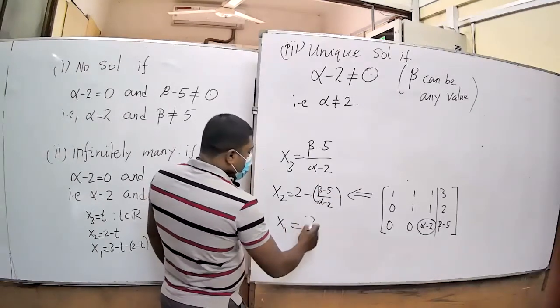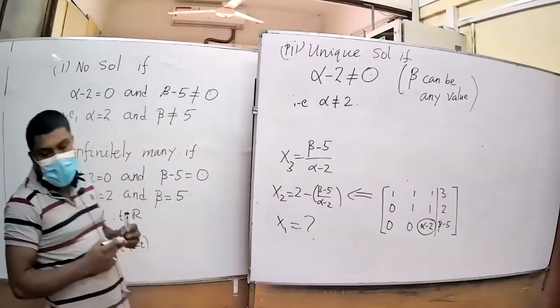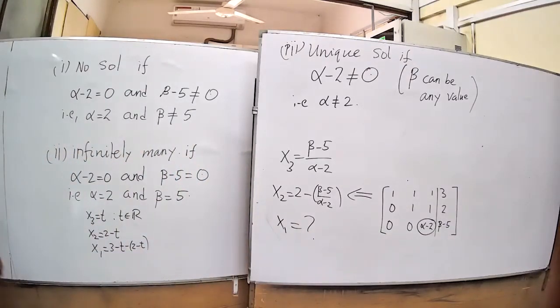And you can write x1. By just simplifying, you can simplify that. So this is how you utilize the conditions for the different types of solutions, and if the solution exists, you can write down the solution as well. So this is about different types of solutions and Gaussian elimination.